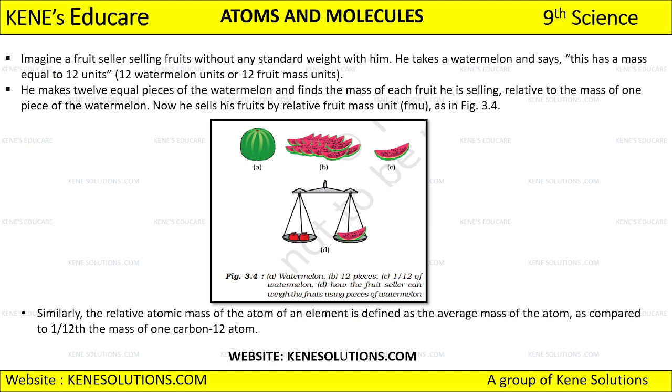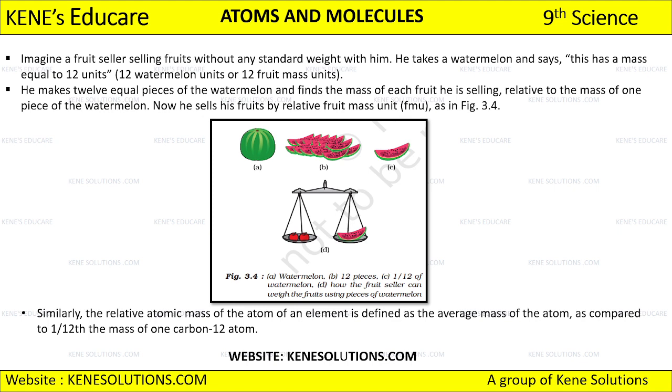So when we are cutting it and selling it in equal parts, we know that unit as atomic mass unit, and because here we are doing it with respect to a fruit, that becomes fruit mass unit. If you can see in figure 3.4, we have a whole watermelon. In the second picture we have 12 pieces of watermelon. In the third picture we have 1 by 12 of the watermelon, one piece, and all the 12 pieces are of the same size.